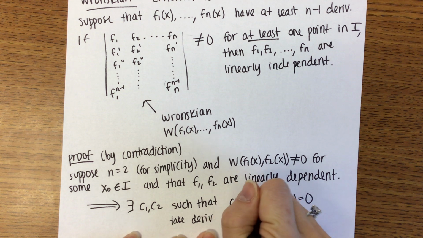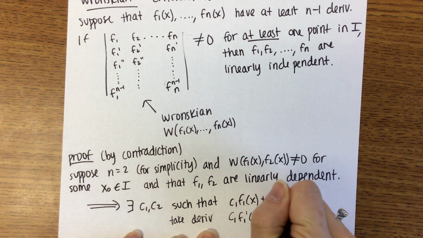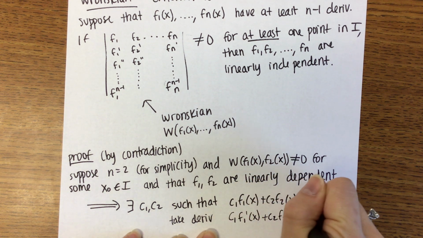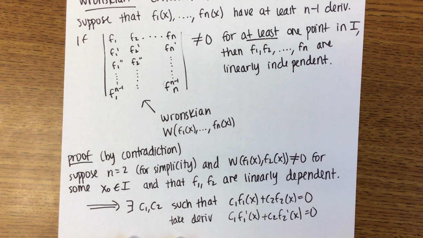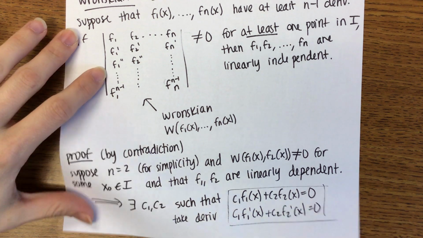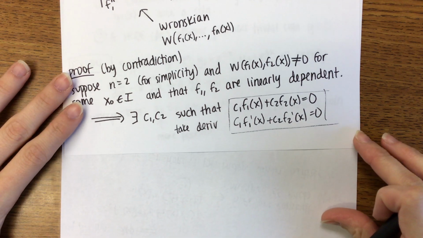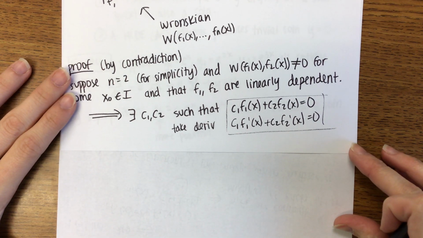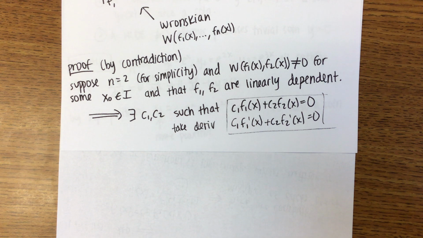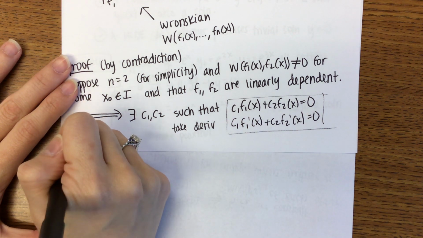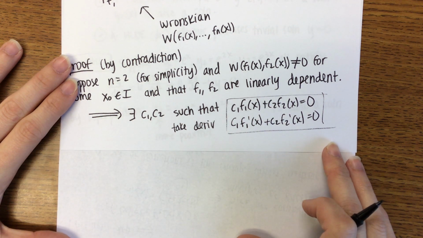This will give us C1 f1 prime of x plus C2 f2 prime of x equals 0. So this is a system that we're going to need to solve. Now, here's what we should notice.